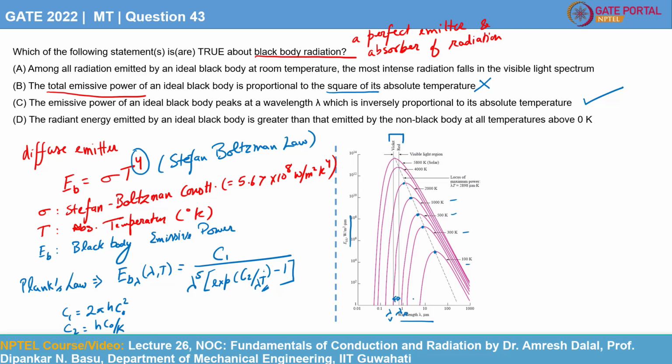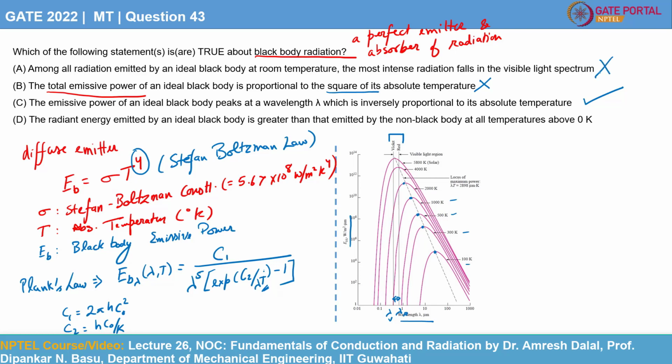So this is the visible region, and from the curve itself you can see the radiation that is emitted. The most intense radiation does not lie in the visible range. The intensity of the radiation depends on the temperature, so it is not necessary that the most intensity will lie in the visible range. So this statement is false.